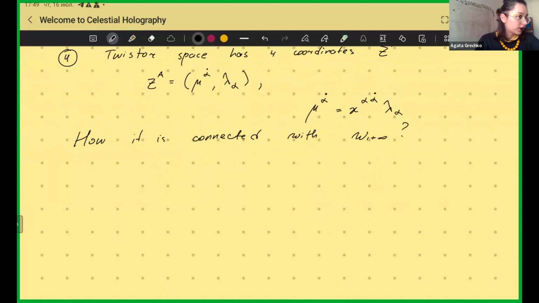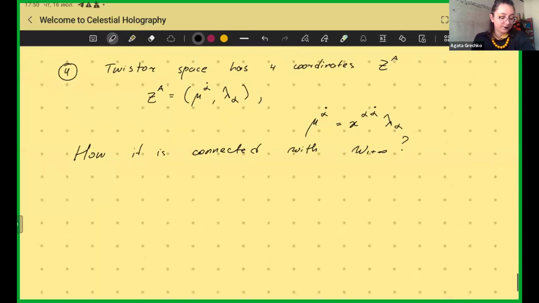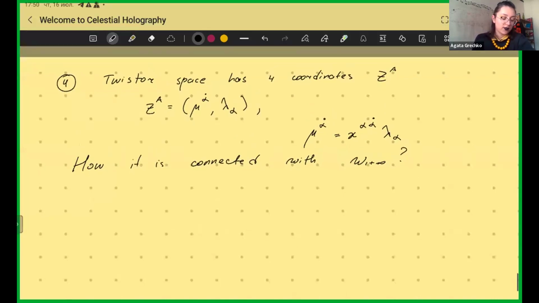So I see some question: I don't find what is the role of this lambda in the pair defined in the twistor? I mean, it's a coordinate on the twistor space. There are 4 coordinates.